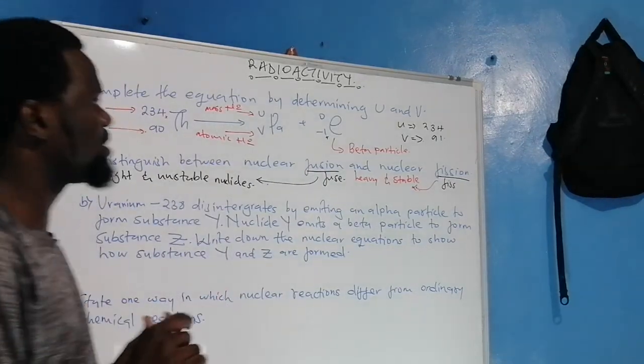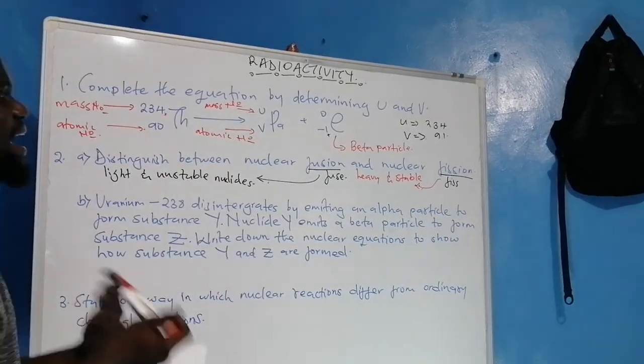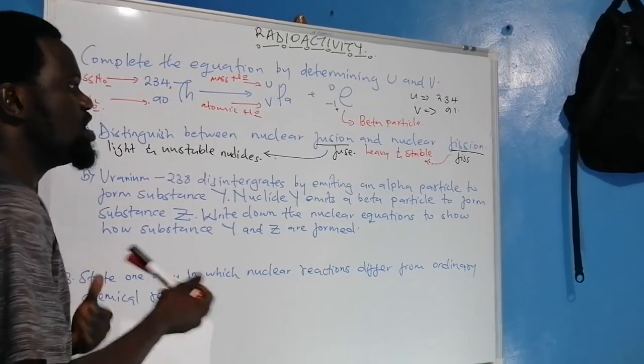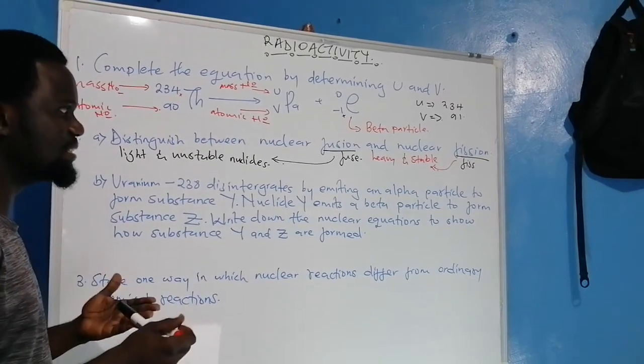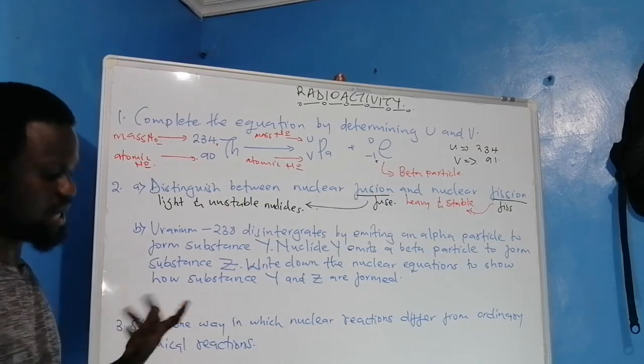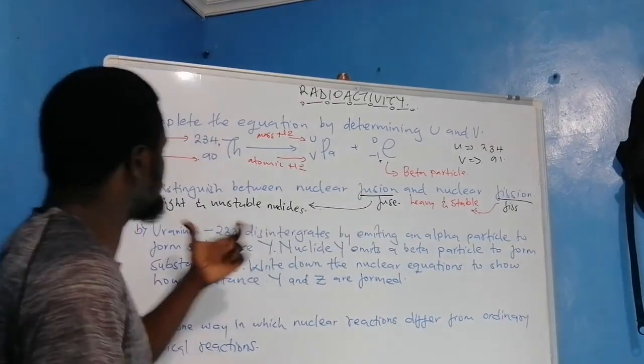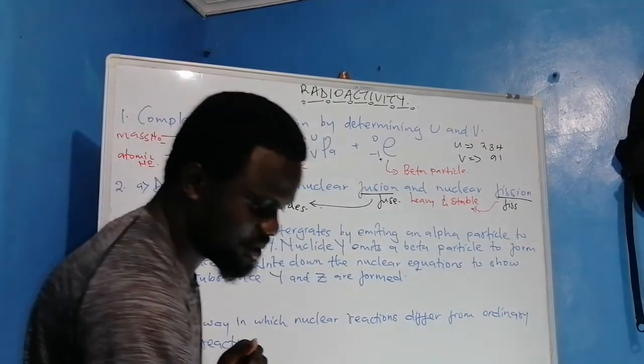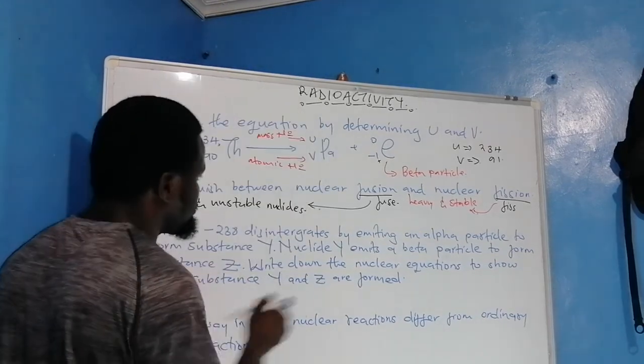So when you talk about nuclear fission, it is whereby we have heavy and stable nuclides that disintegrate when bombarded by a fast moving neutron. So as I said earlier, nuclear fusion is whereby light and unstable nuclides combine together.